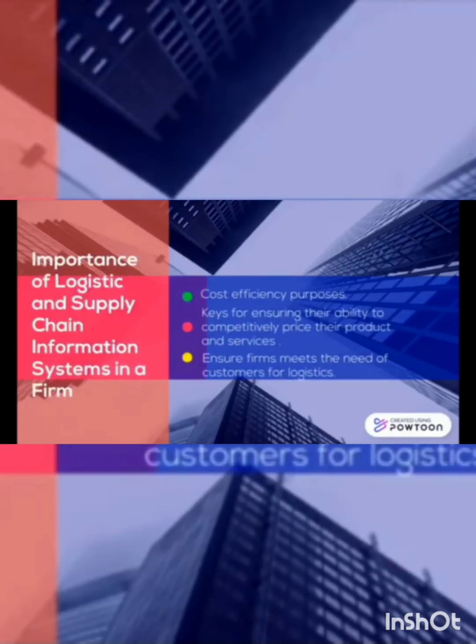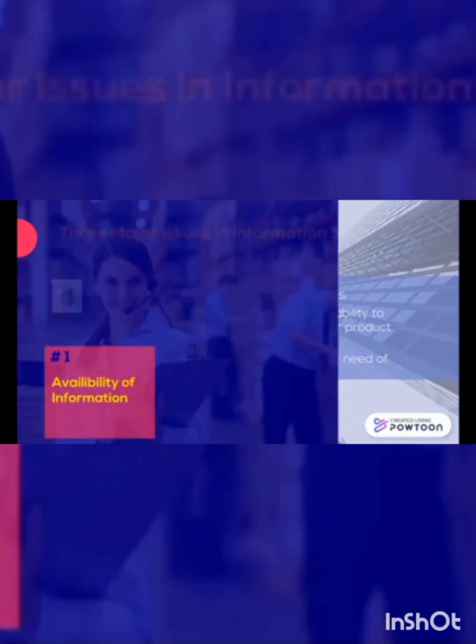Coming to importance, cost efficiency is for ensuring the ability to competitively price products and services, and ensuring firms meet the needs of customers for logistics, so that it can ensure customer service and satisfy the demand of consumers.